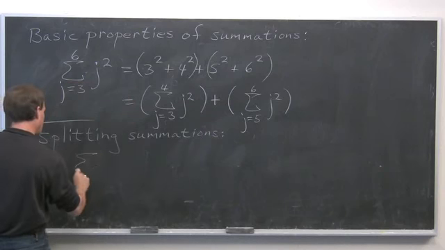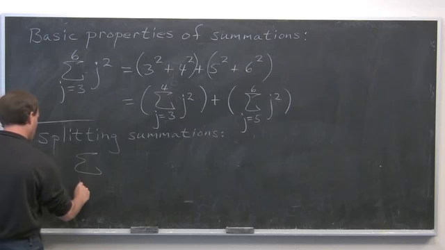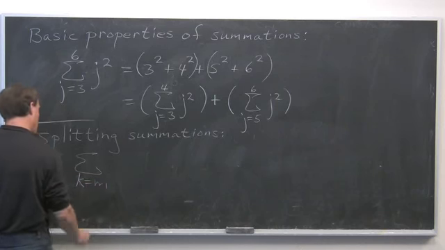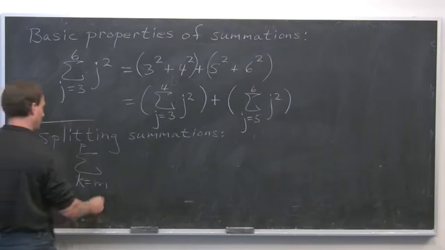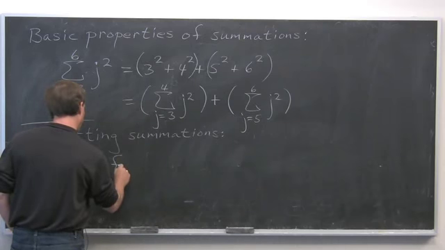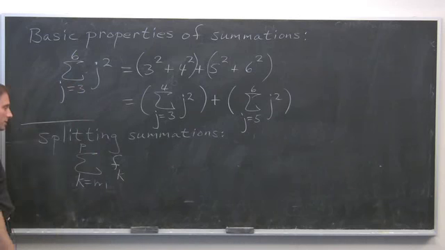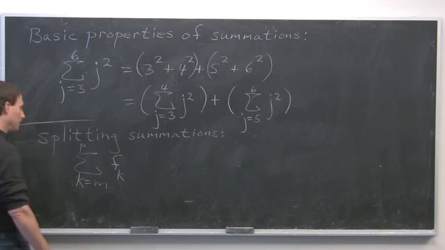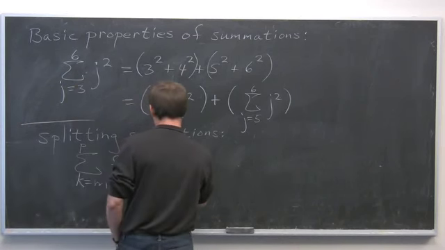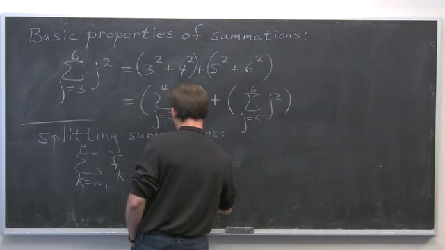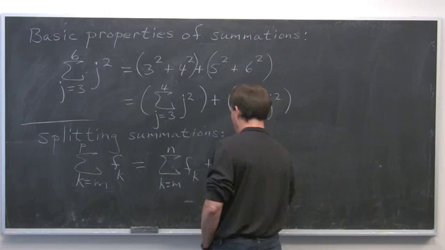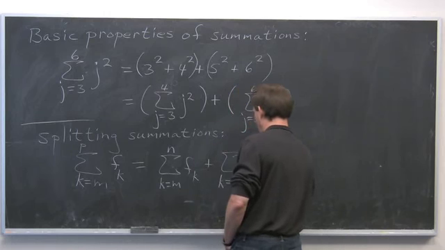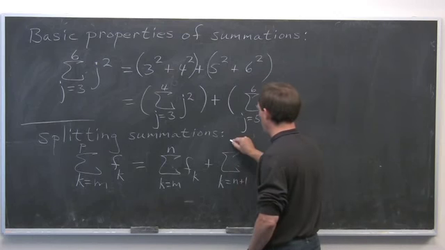But splitting summations, it's that if you sum as k goes from m to some other integer p of some function f sub k that's defined in this integer range, then you could first take the sum as k goes from m to n of f sub k, and then pick up the rest of it as k goes from n plus 1 to p.